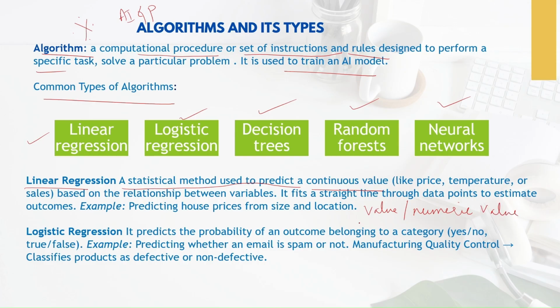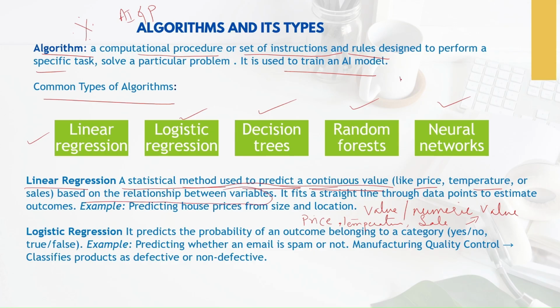For example, if the AI has to predict price of any particular item in the coming years, or if it has to predict the temperature for the next 5 years, or if it has to predict the sale of any product, then all these are nothing but a numerical value, right? In that case, linear regression algorithm will be used, a statistical method used to predict a continuous value like a price, temperature, or sales based on the relationship between variables, whatever variables you give.